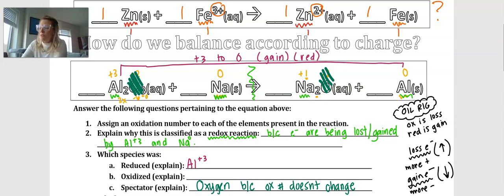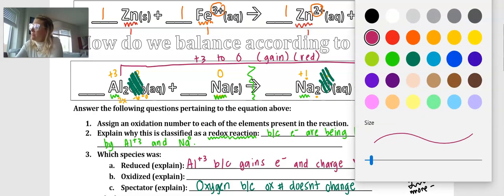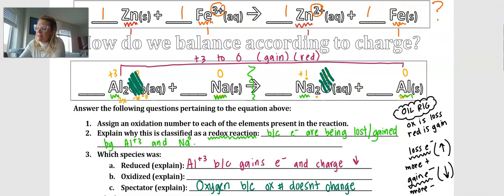So Al +3 is reduced because it gains electrons and the charge decreases.